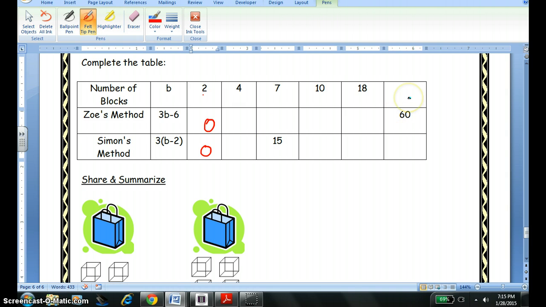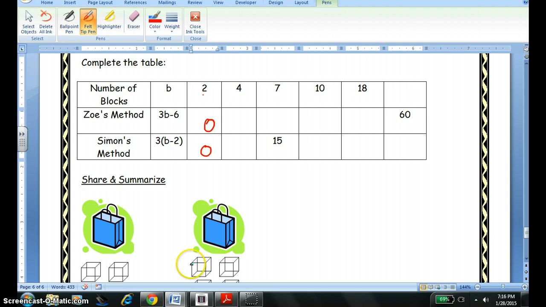Here I'm going to work backwards even more. I'm not given the number of blocks in each bag, I'm only given the total number of blocks in the whole set, the 3 sets. So I'm thinking to myself, using Zoe's method, what number times 3 do I need so that when I subtract 6, I get 60? So that's the kind of thought process that you're going to use.